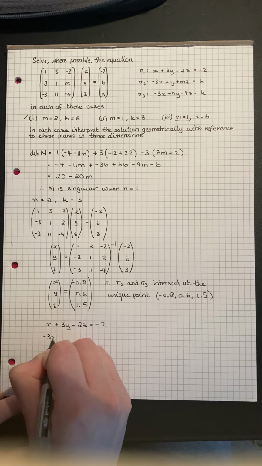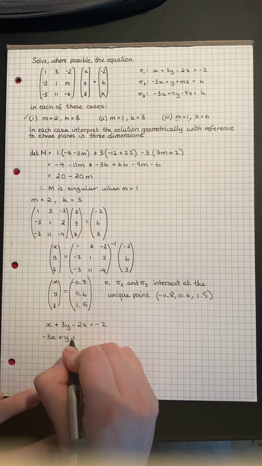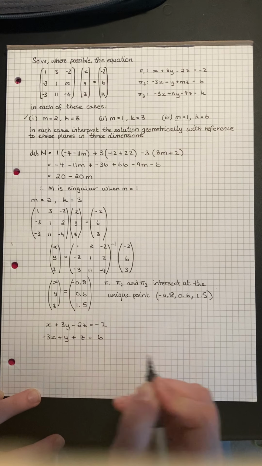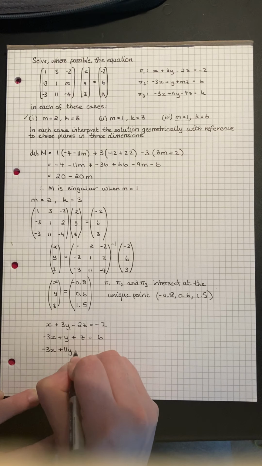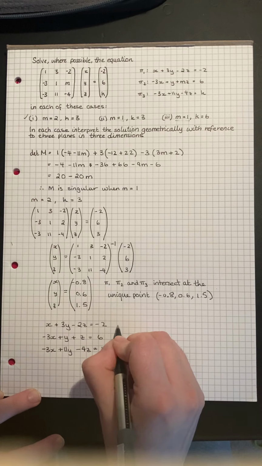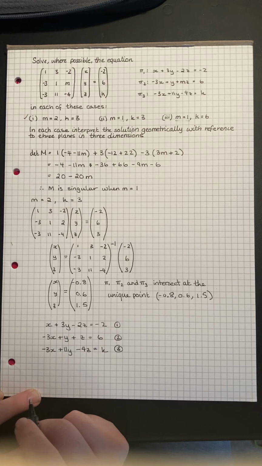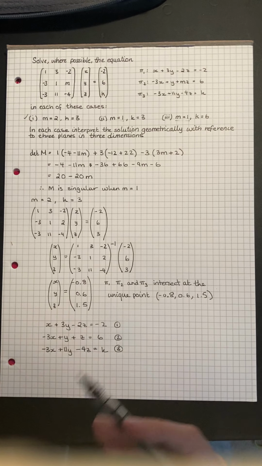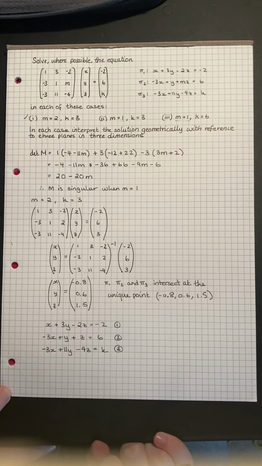We've got minus 3x plus y, and we're going to have m as 1 plus z equals 6. Then we're going to have minus 3x plus 11y minus 4z equals k. So I've got my 1, 2 and 3, and what I want to do is eliminate one of the variables. So I want to end up with 2 equations in 2 variables instead of 3 equations in 3 variables.